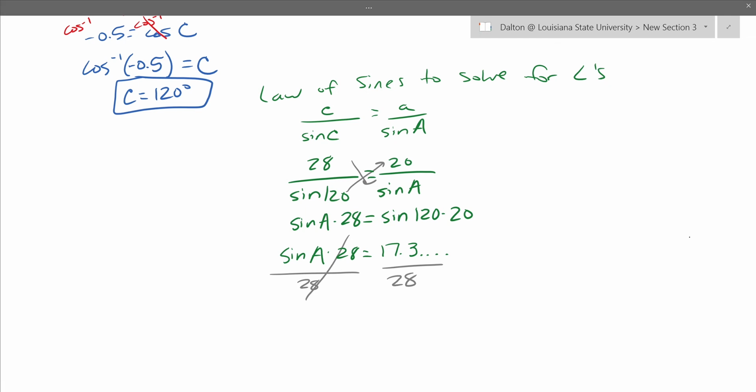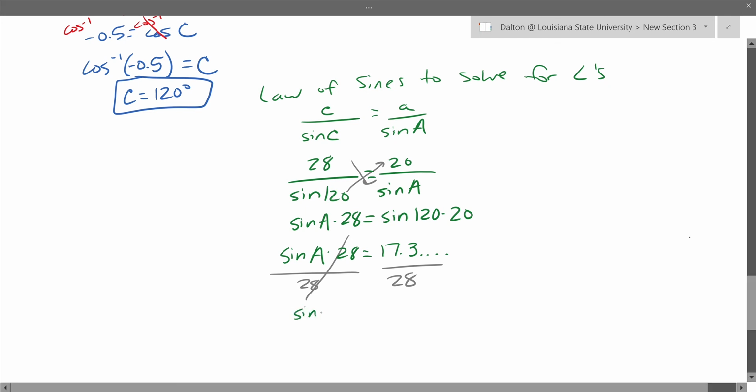And then you're going to get the sine of A is going to equal about 0.62 something. So then to get A by itself, we'll take the sine inverse of both sides, because that's the opposite of sine, leaving us with A is equal to the sine inverse of 0.62.